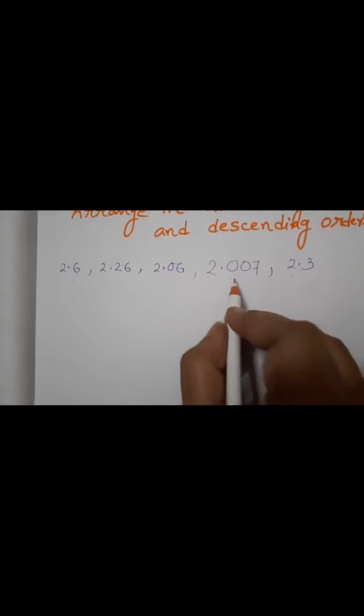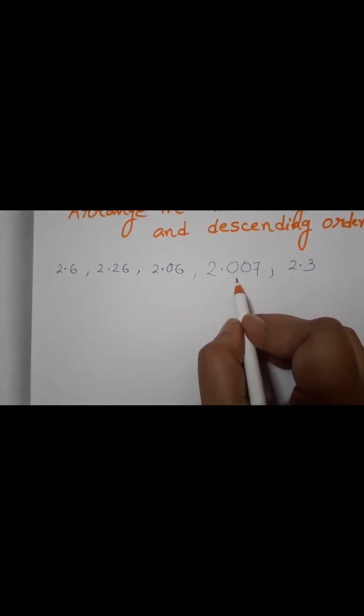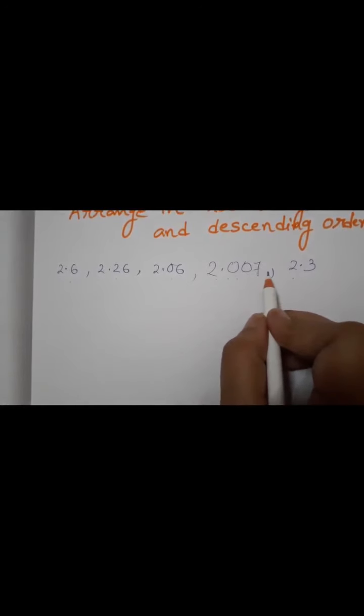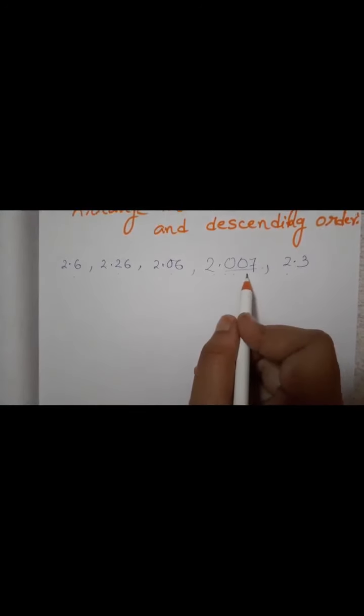Here students, you can see the maximum number of decimal places is 3, because this is 2.007. So we need to convert all into the same number of decimal places. We can put any number of zeros at the extreme right.